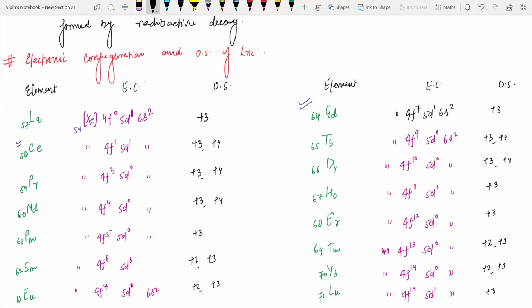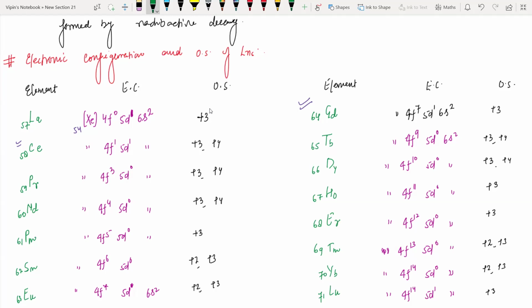How will you remember the oxidation state? Listen, above the half filled 4f7, it is plus 2 and plus 3, and also above the 4f14 fully filled, plus 2 and plus 3. Below the 4f7, it is plus 3 and plus 4.